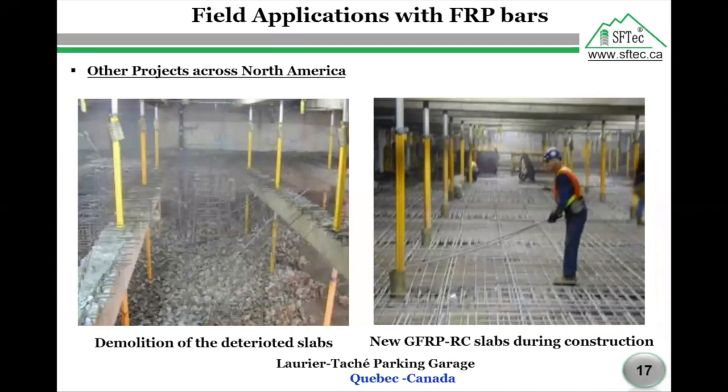These photos represent the demolition of the deteriorated slabs, as we see on our left side, in the rear parking garage. On the right side, we can see the complete replacement of these slabs using GFRP bars.